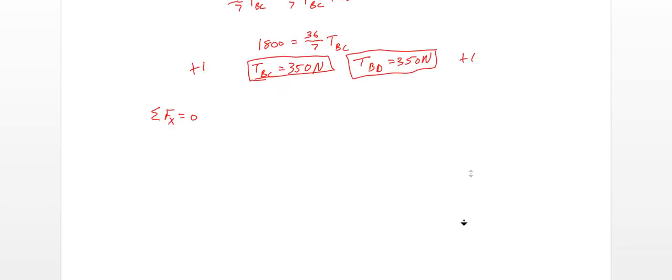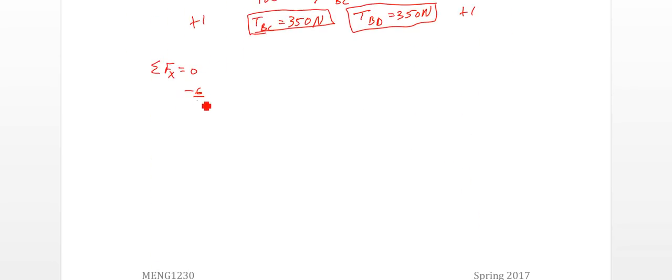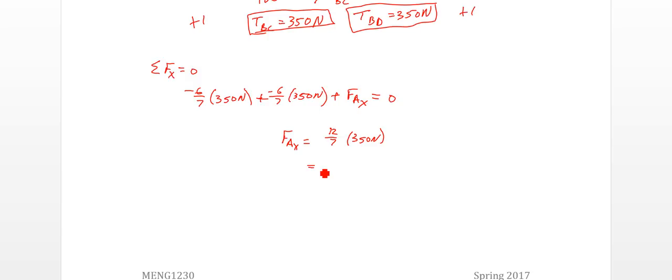So we have -6/7 times 350 newtons plus -6/7 times 350 newtons plus the reaction force at A in the X direction equals 0. So FAX equals 12/7 times 350 newtons, and that equals 600 newtons. FAX is 600 newtons.